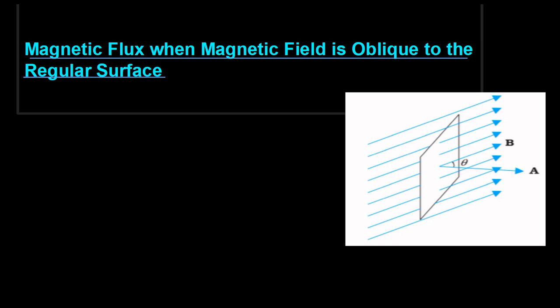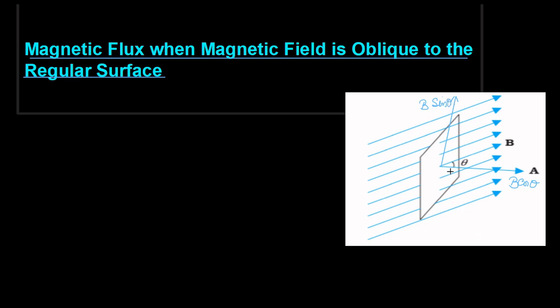So B can be resolved into two components. One is along the area vector and the other one is perpendicular to the area vector. The component which is parallel to the area vector is B cos theta, and the one which is perpendicular to the area vector is B sin theta.